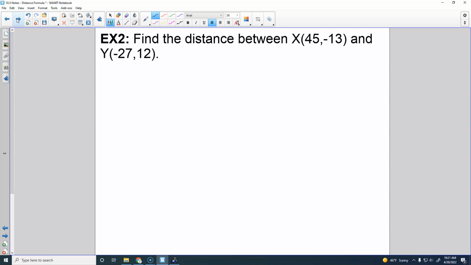Even if we had a piece of graph paper big enough, this one's not easy to graph, right? So let's think about that same thing. I'm going to sketch a really rough graph here. So (negative 27, 12) is over here. And (45, negative 13) would be way over here.